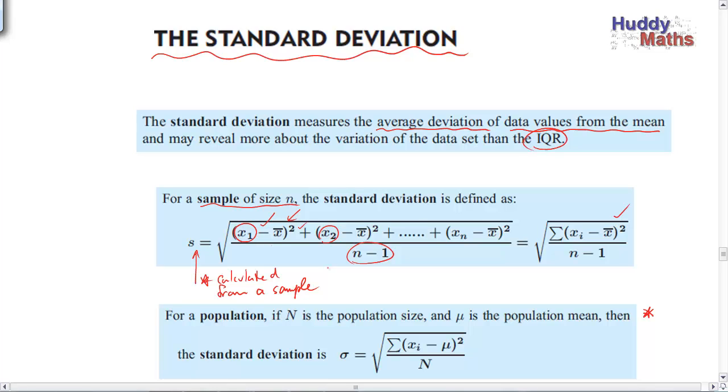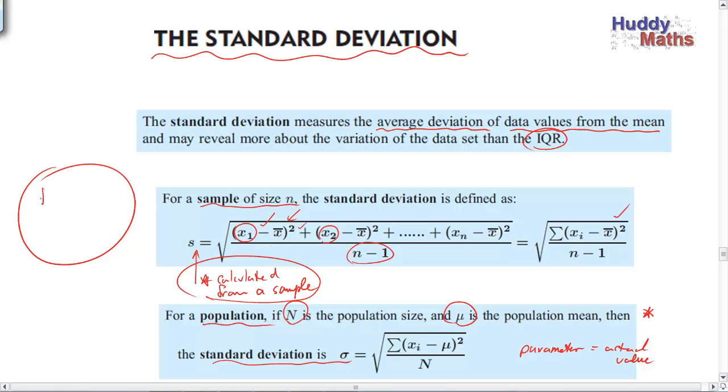And if you took the whole population, that is the whole n of them, and you knew the population mean, the actual parameter, remember this is called a population parameter, when you're working with the actual value from the population, you're not estimating it with a statistic. This is from a sample. Remember Huddy's favourite drawing, the population here, and we're trying to represent it often because it's too big.